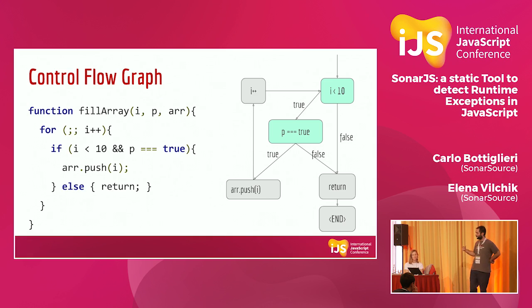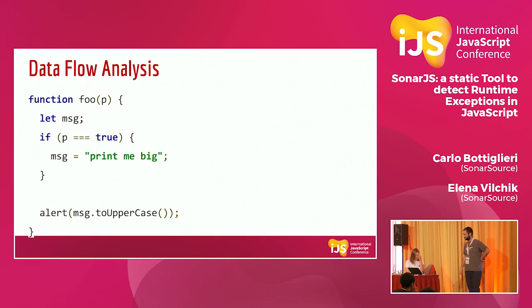But what if we do something more on top of it? And that's where the interesting part finally starts. So data flow analysis, that's what we call it, and not only us. You can also hear it called symbolic execution. So you take this control flow graph, which we just built.